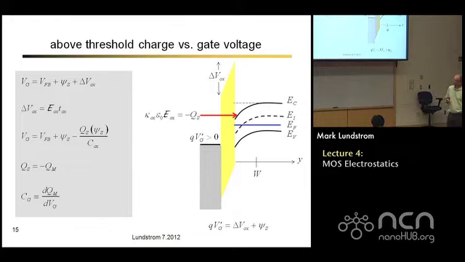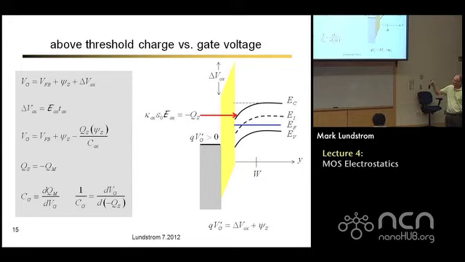Now if I want the capacitance on the gate, capacitance is charge divided by voltage. So it's just going to be the derivative of the charge in the metal with respect to the gate voltage. That would be my definition of the gate capacitance. Or it's easier to work with 1 over the gate capacitance, which is dV.